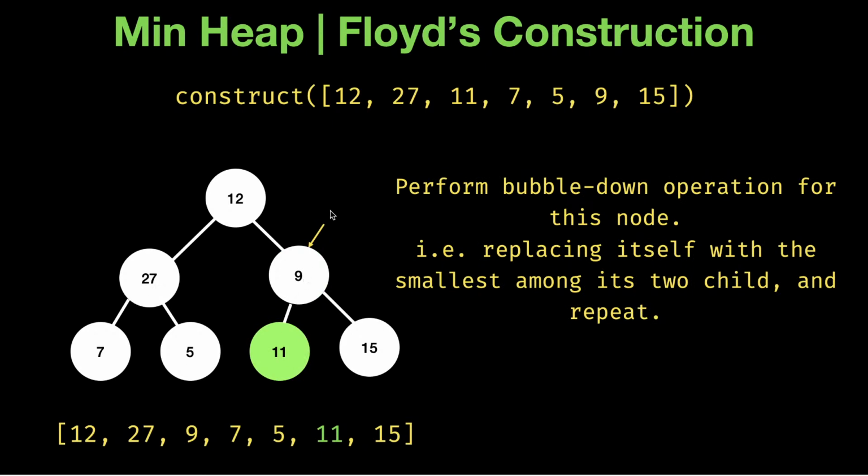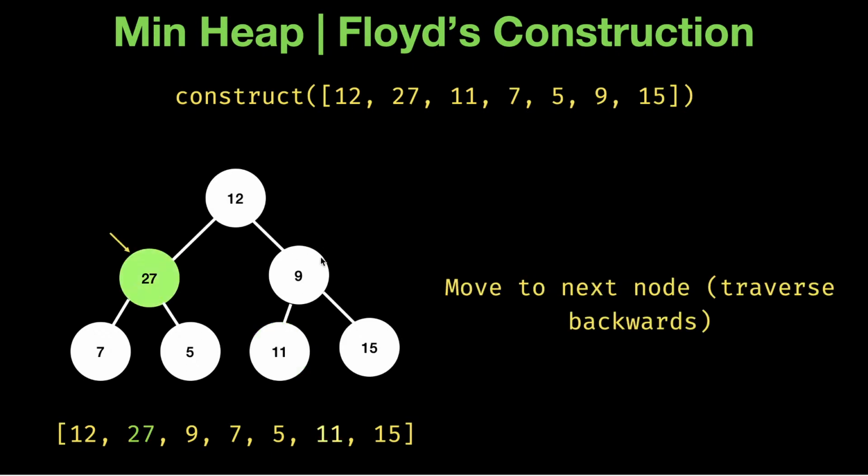Now we move this arrow backwards to 27, and then we try to heapify 27. That means we try to bubble down 27. It is not less than 7, it is not less than 5. So we will choose the smaller element among its left and right child.